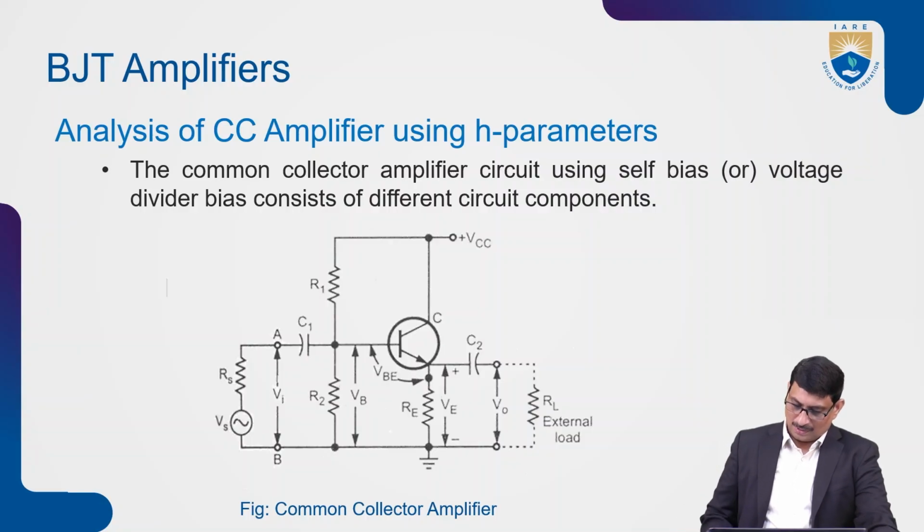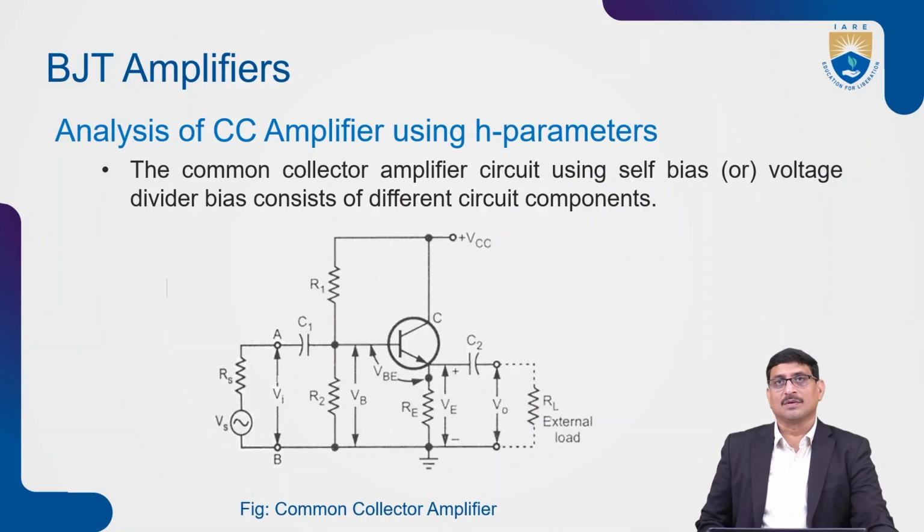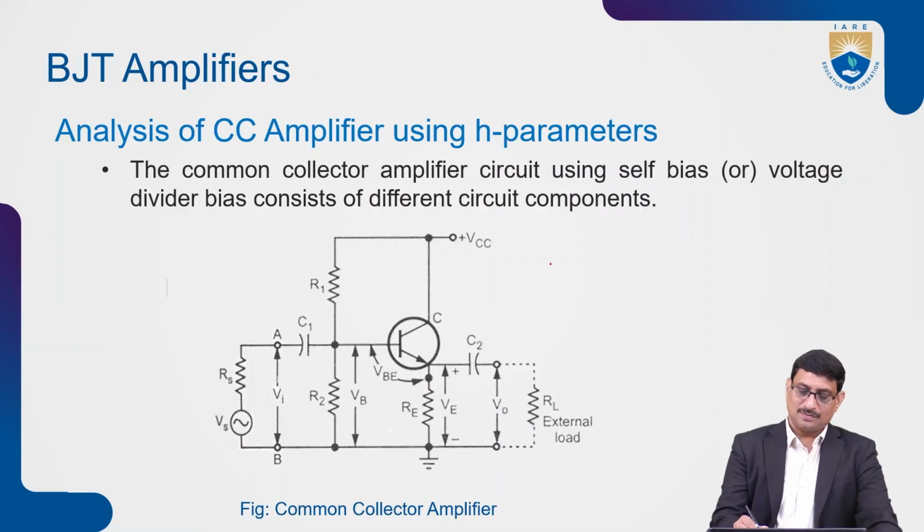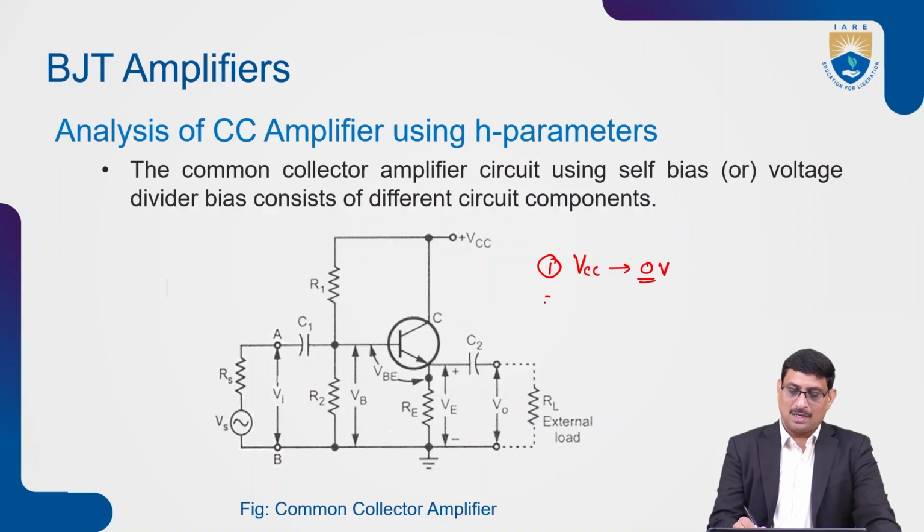Now let us see the H parameter model of the common collector amplifier. To draw the equivalent H parameter model, there are three conditions we need to satisfy. The first is that all the DC voltages are replaced by ground, or 0 volts. The second is that the capacitors C1 and C2 are short circuited for AC analysis.